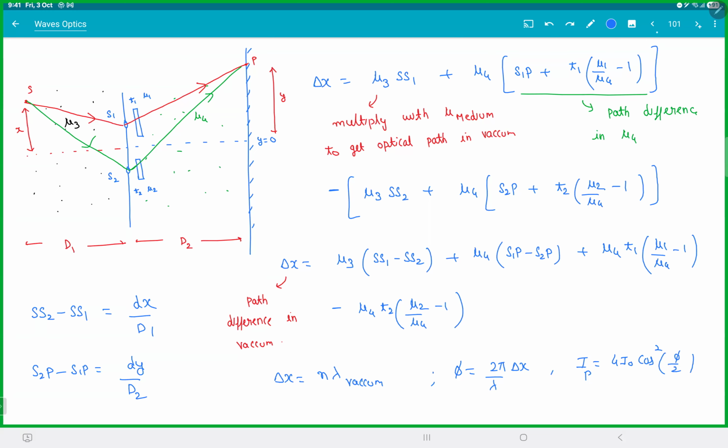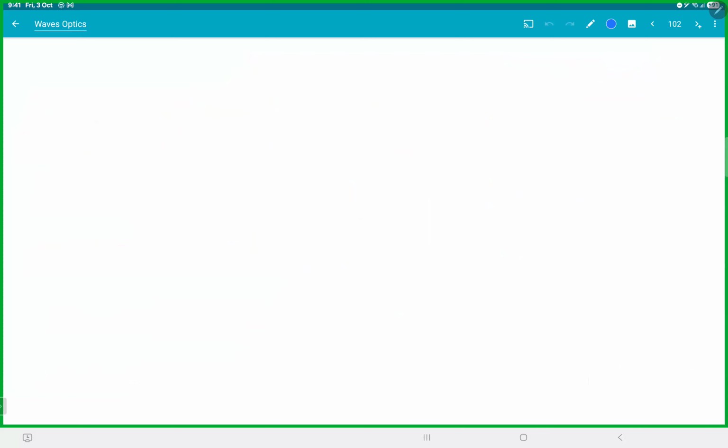Let's see one more. So let's say we keep one slab in front of the slit, but this slab is special.